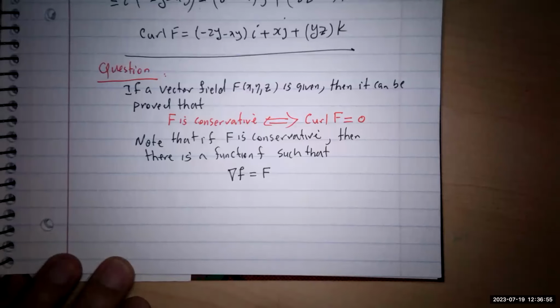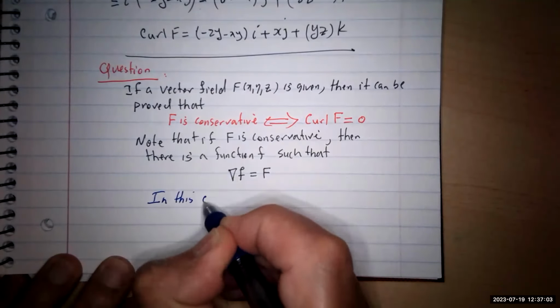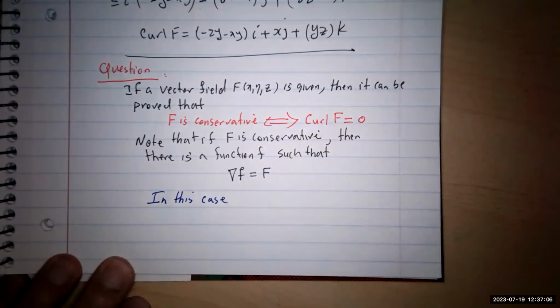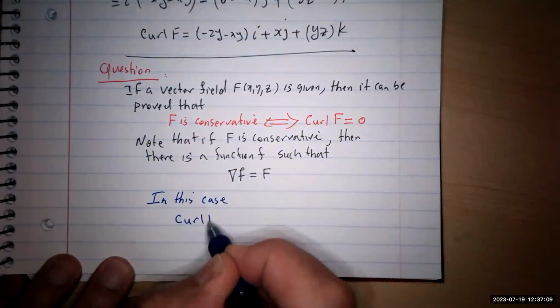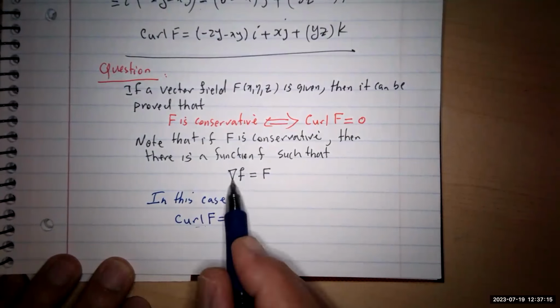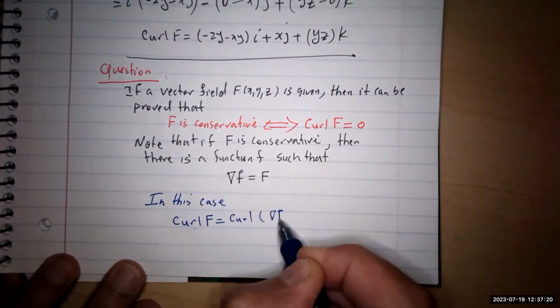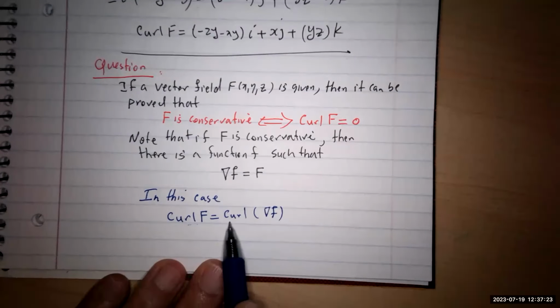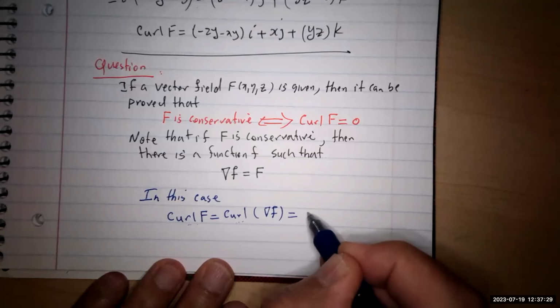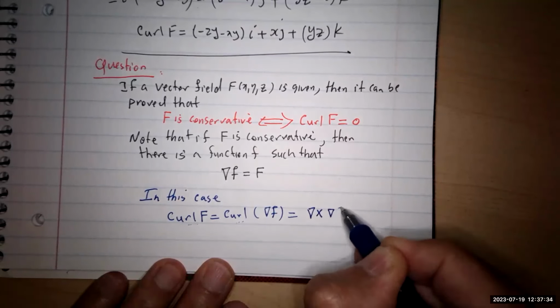So what is going to be the curl? In this case, the curl of F is the same as the curl of the gradient of f. But what is the curl? Remember the curl of the function is going to be del cross the function, del cross del of f.